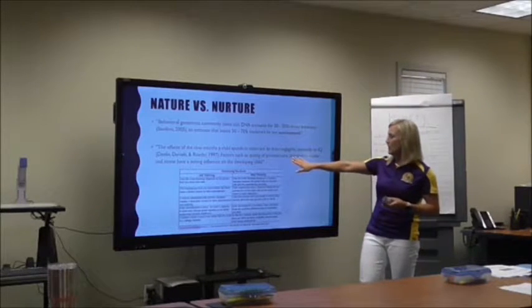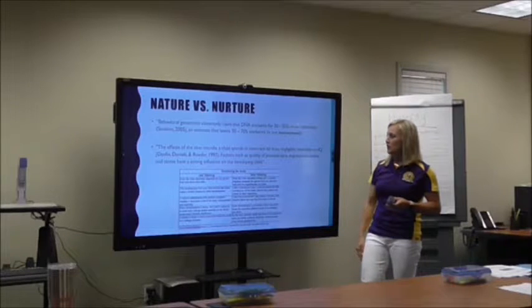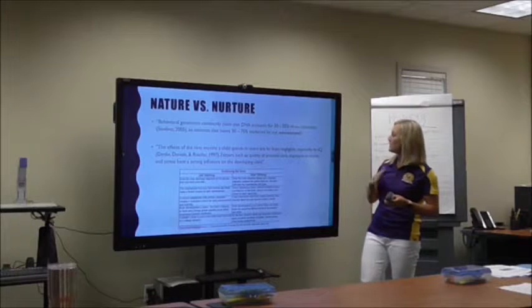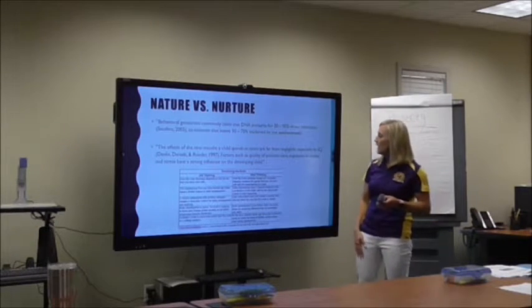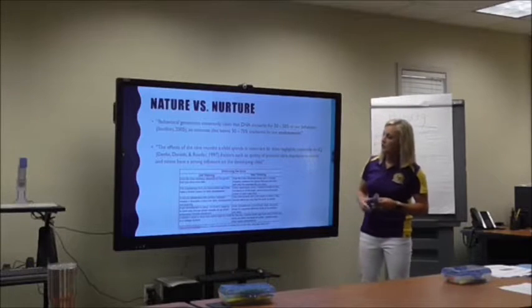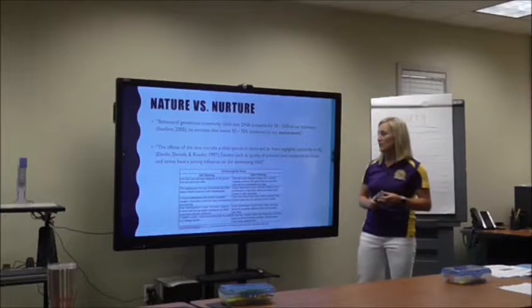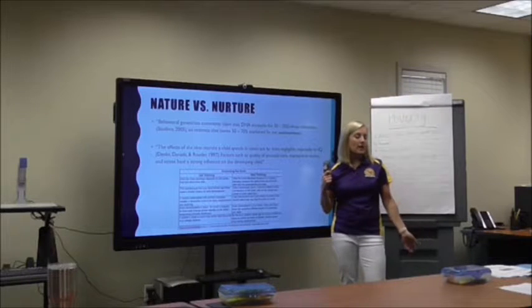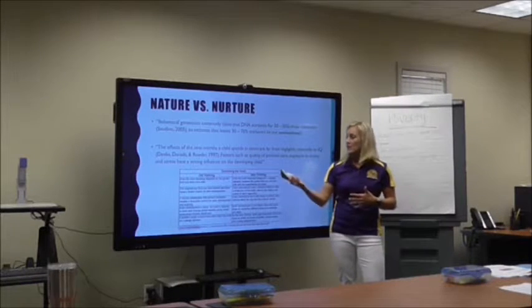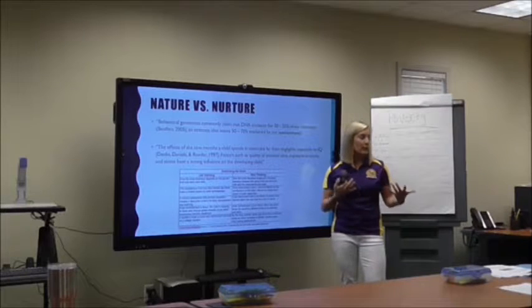This is really big here. The effects of the 9 months a child spends in utero are far-reaching, especially on IQ. So factors such as quality of prenatal care, exposure to toxins, and stress have a strong influence on the developing child. And that's huge that we see that. People that are in poverty, do you think that they have the means to get prenatal care?